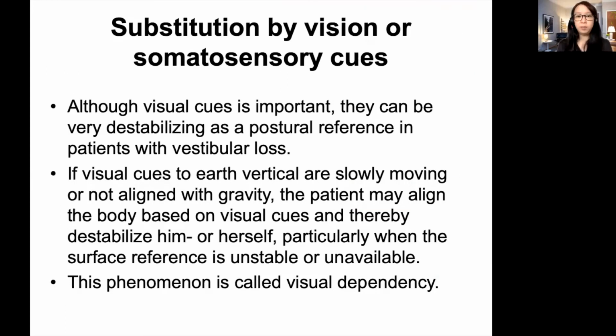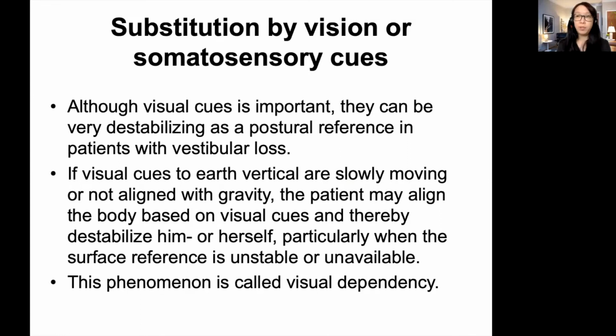Substitution by vision and somatosensory cues happens automatically. The brain will automatically use vision and somatosensory cues to keep someone balanced, especially after they have suffered an incident which makes them giddy or gives them a vertigo attack. Although visual cues are important, they can be very destabilizing as a postural reference.